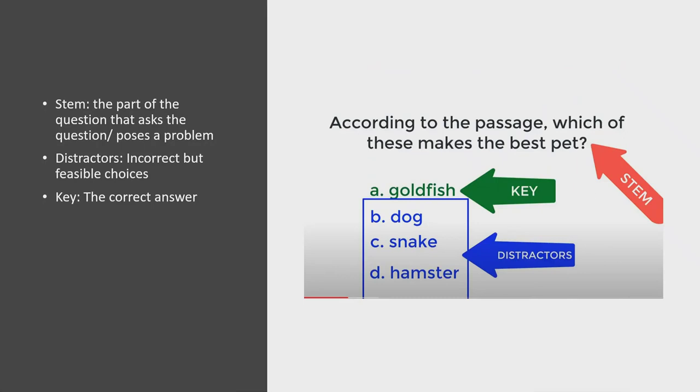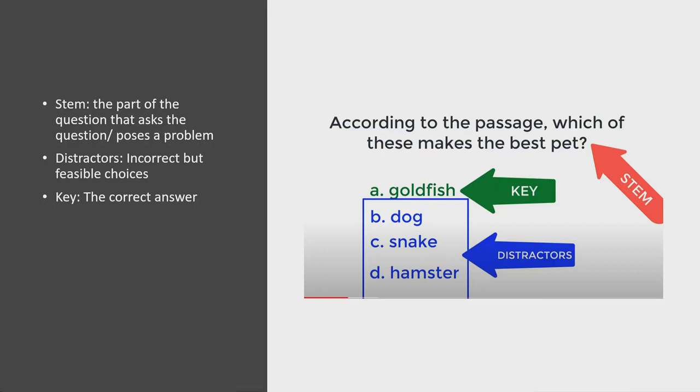Using that particular example, let us look at the structure of the multiple choice question. As you can see, a multiple choice question is made up of several parts. We call the part that has the problem or the statement the stem.